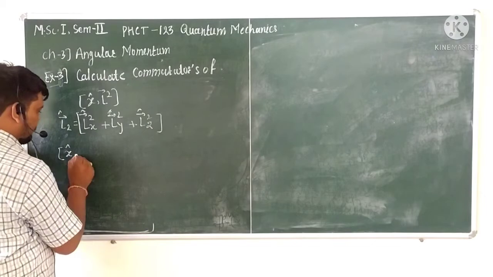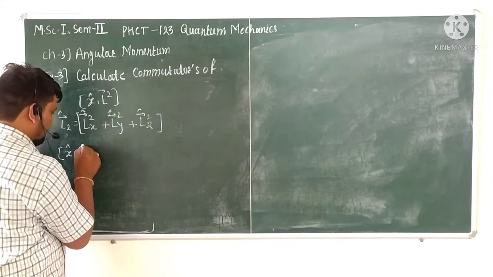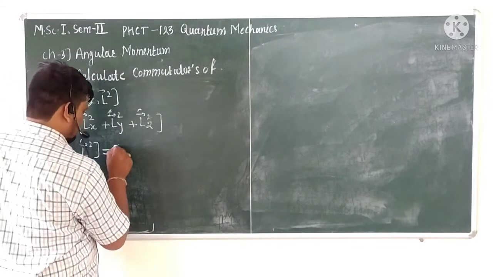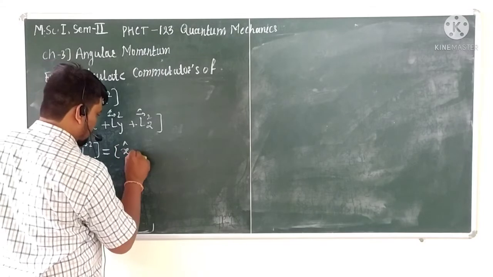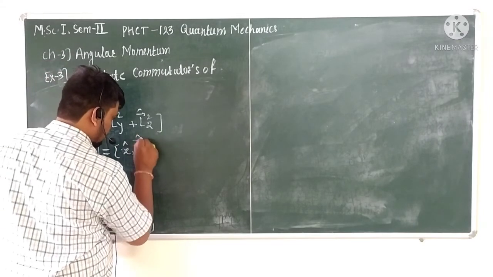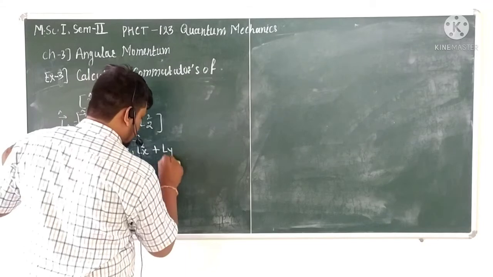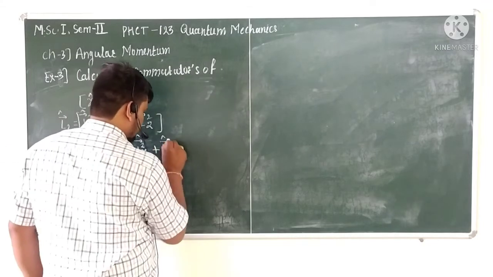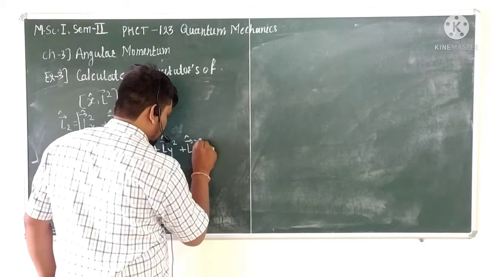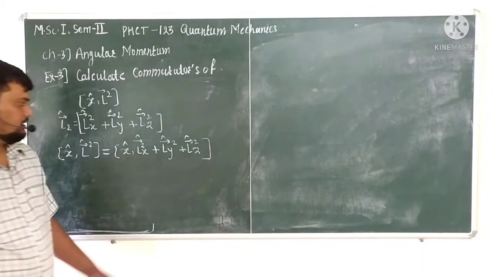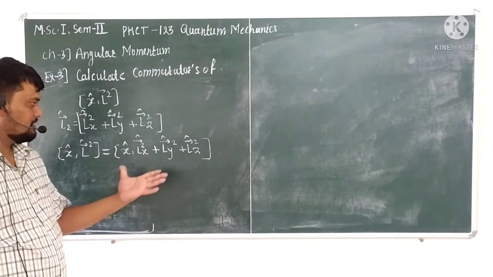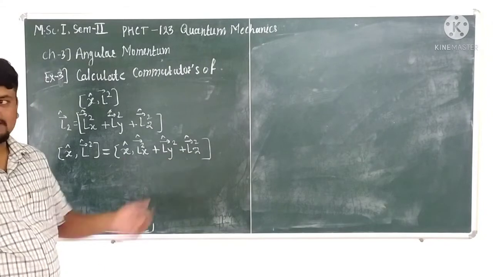So x cap comma L bar square is nothing but, splitting it out, x cap comma Lx square plus Ly square plus Lz square. Okay, write in these terms, and again split this commutator bracket separately for Lx, Ly, Lz.